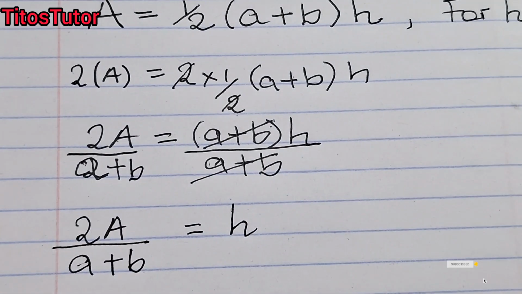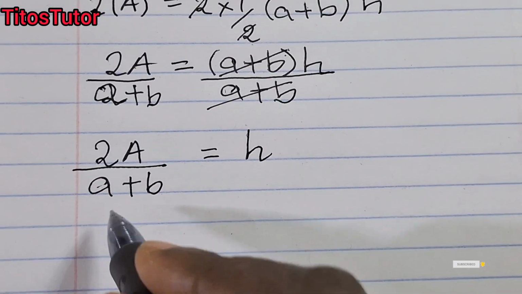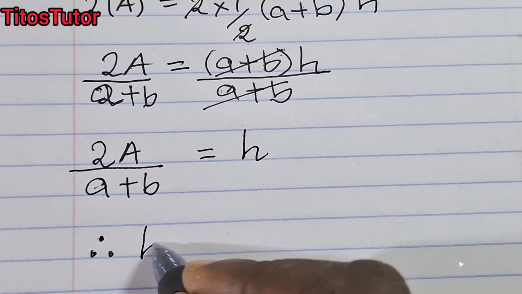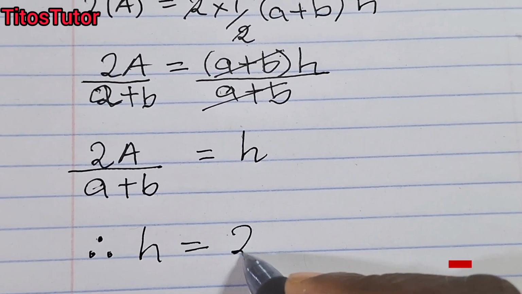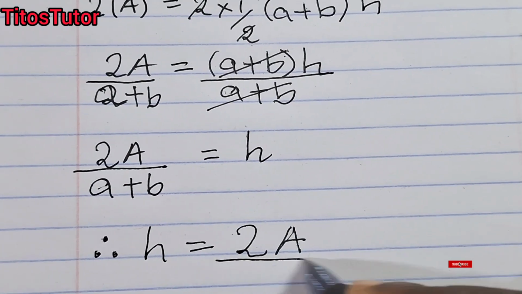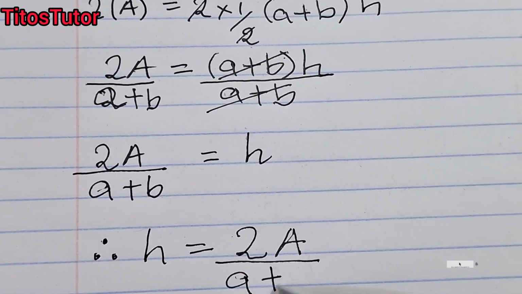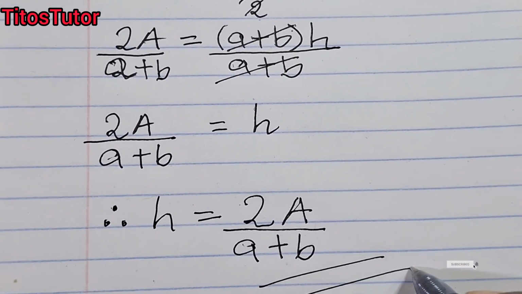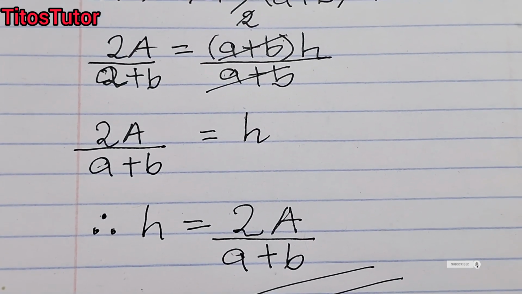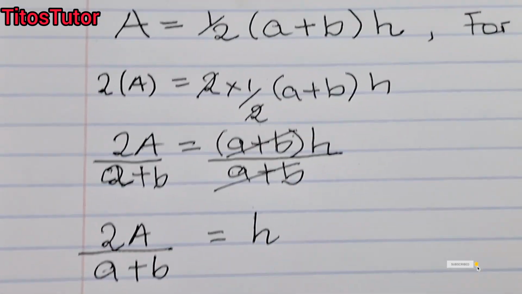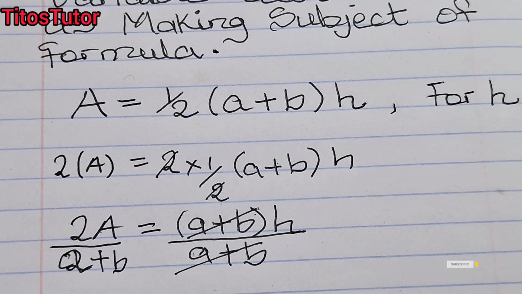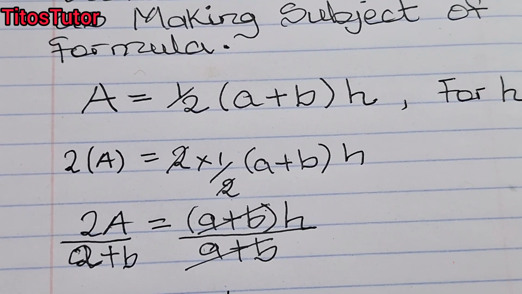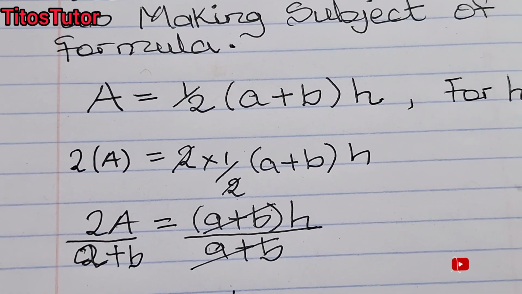That means therefore h is equal to 2A all over (a plus b). Final answer. And this was derived from the formula of a trapezium, making h the subject of the formula.